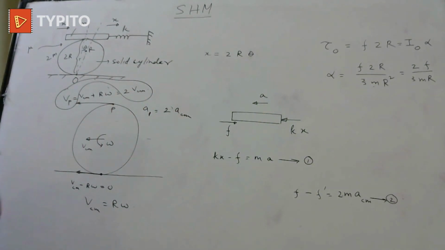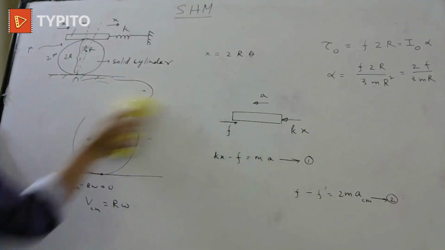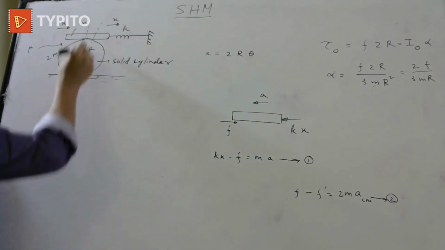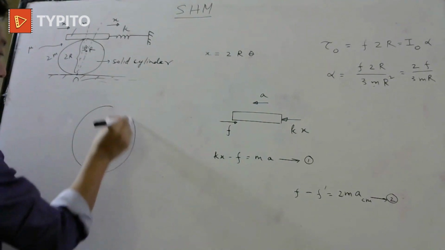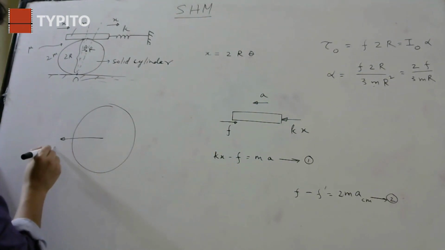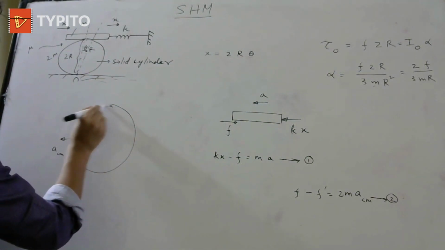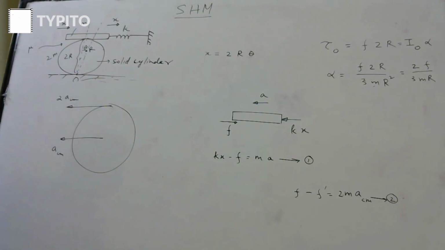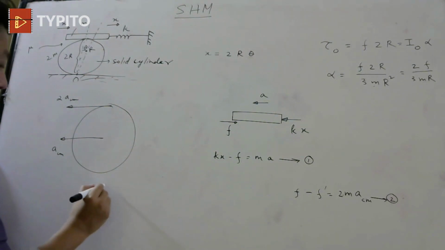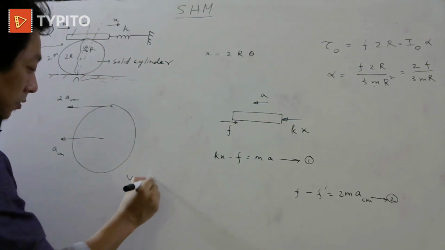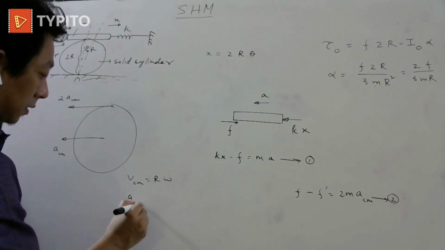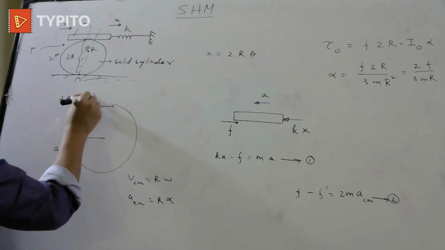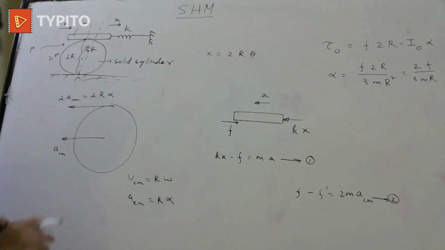So this cylinder now has center of mass acceleration ACM, and this point will have 2 times ACM, right? And what is ACM? VCM is R omega, so ACM will be R times the derivative of omega, which is alpha, so this will be 2 times R alpha.